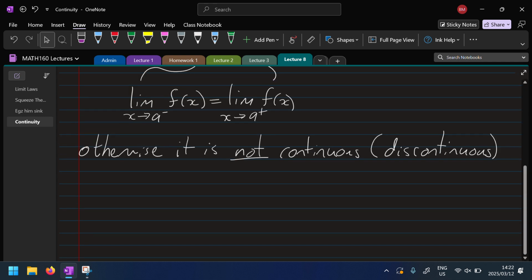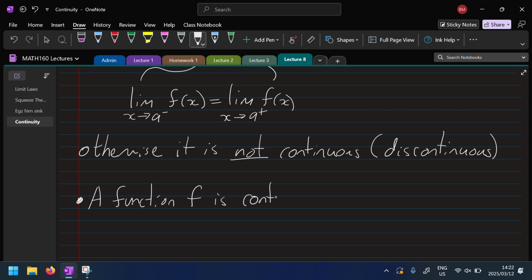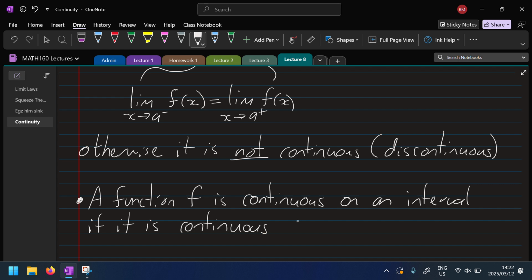Okay, and then just a little note. A function f is continuous on an interval. Okay, remember intervals from sets. So on an interval, if it is continuous at all points on the interval.